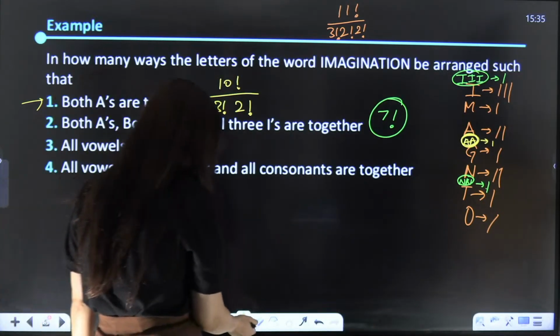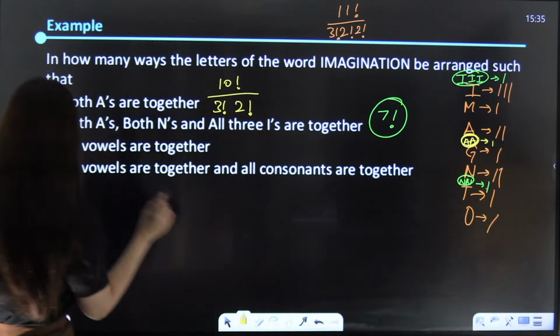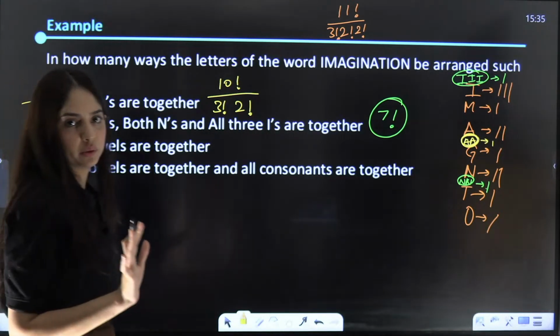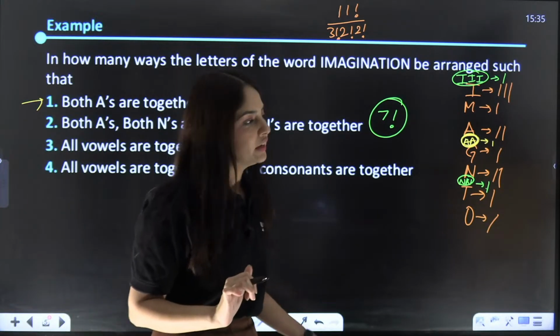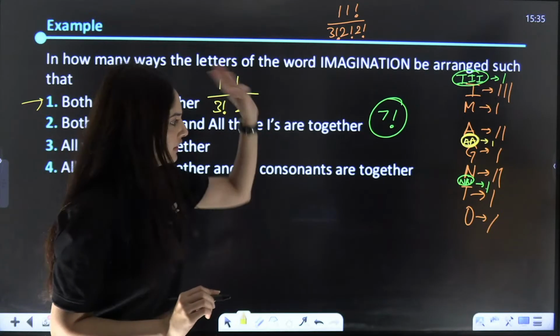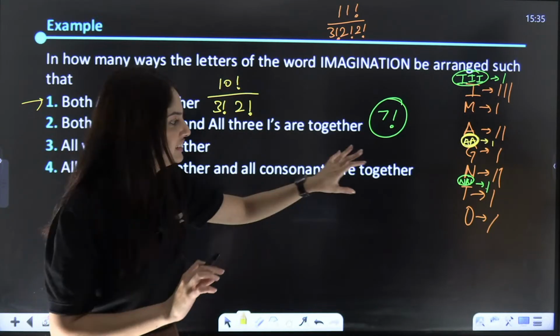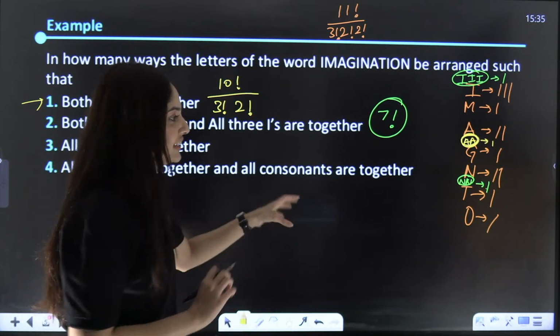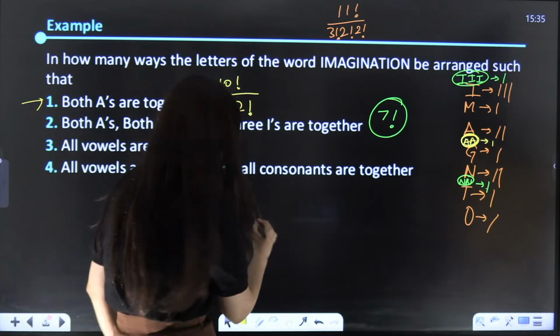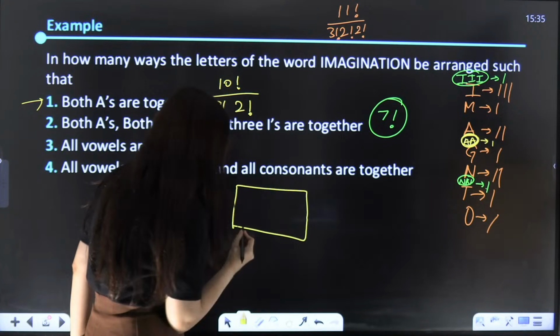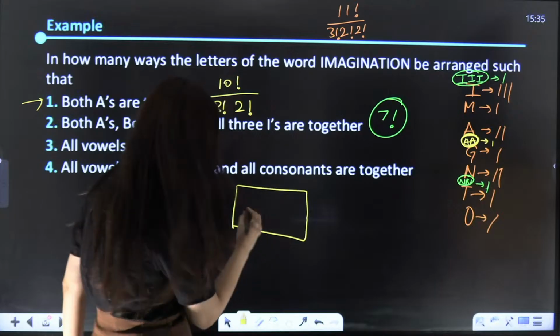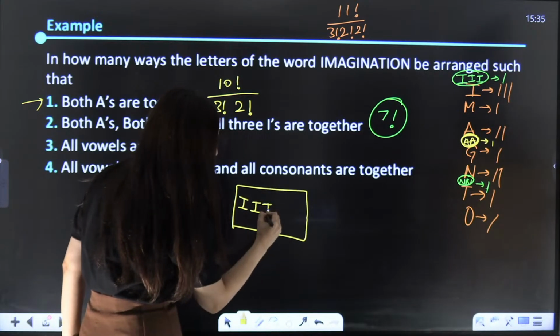Now let's take a look at the next condition. Now we are saying all vowels have to be together. Let's write them again, except this time we put the vowels in 1 unit. So what all vowels do we have? We have 3 I's. Now they are not saying that the 3 I's have to be together.